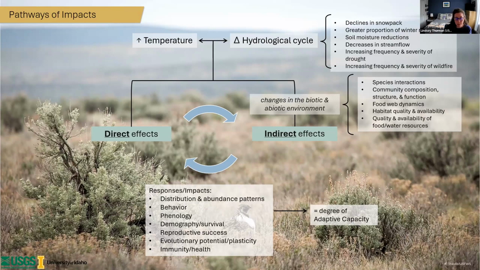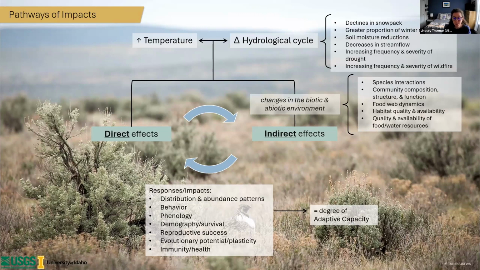And the types of responses and impacts that we're seeing are quite variable, quite diverse. They can range from changes in distribution and abundance patterns to behavior and phenology, survivorship, fecundity, fitness, immunity and health.